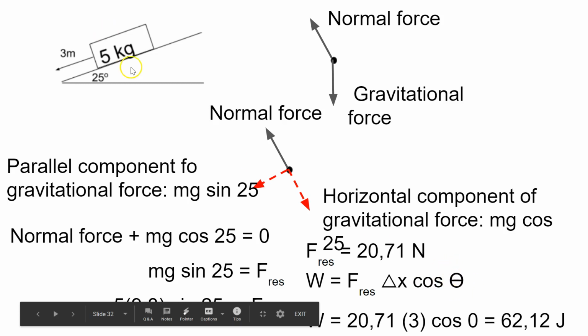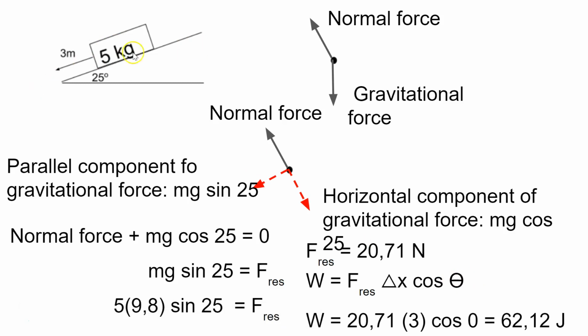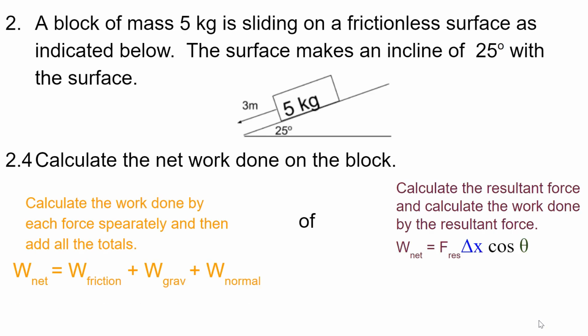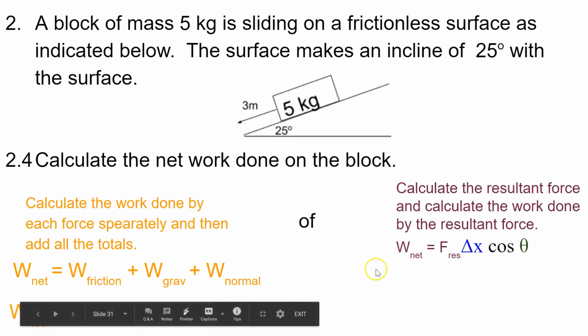Theta is the angle between the direction that this thing is moving and the force that you are calculating at the moment. We are calculating this component of the gravitational force, which is parallel to the direction in which the object is moving. That means the angle between those two is 0, and that is why I use the 0 over here. Can you see the answer that I get here is exactly the same as the answer in the previous calculation?